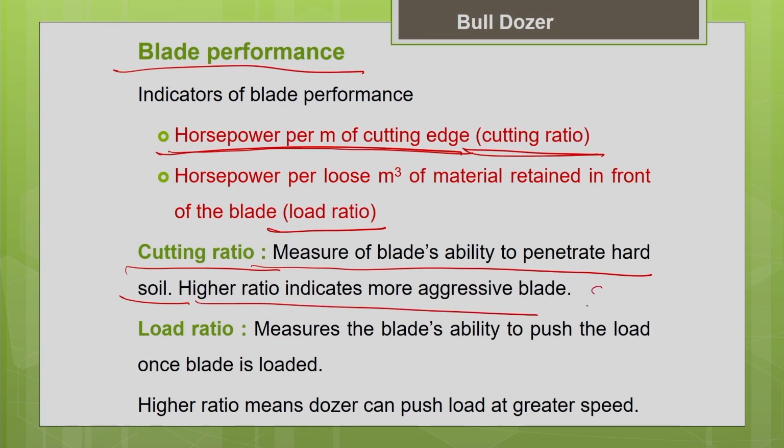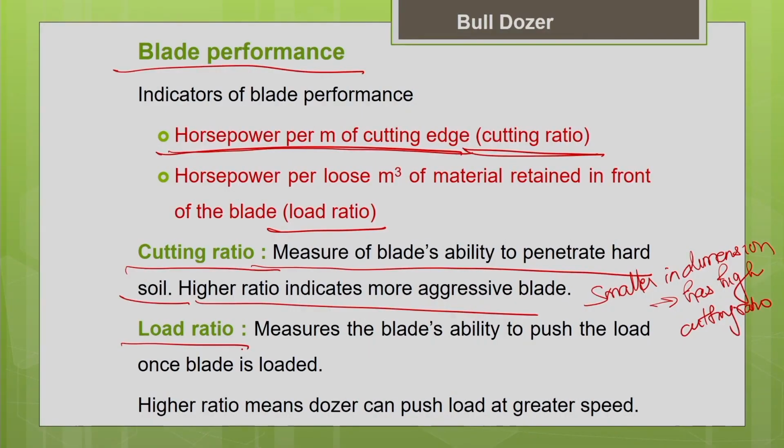Generally, blades which are smaller in dimension have a high cutting ratio, because obviously there will be more concentration of power in that portion of the blade, because the blade dimension is smaller. So those blades will be more aggressive and they will have a high cutting ratio.